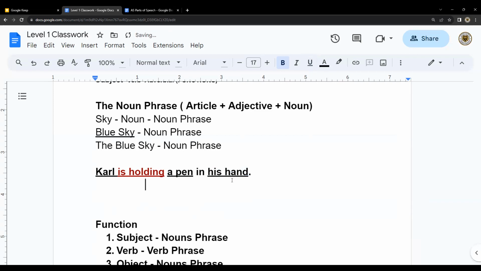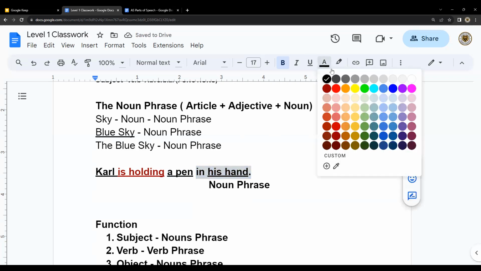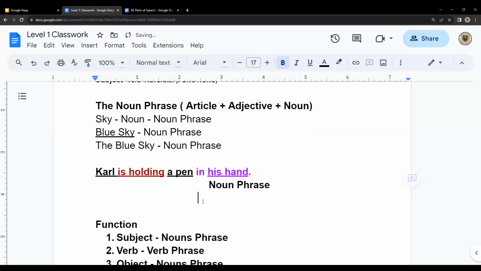So let me see if I can. This is the noun phrase, right? And si vamos a incluir in todo esto, entonces ya sería preposition phrase.